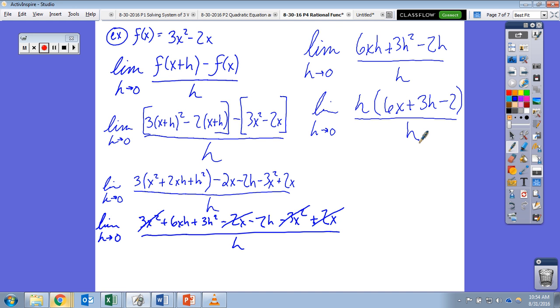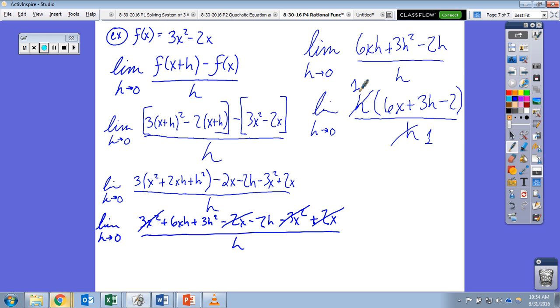This would go to a 1 and a 1, just divided by h. They cancel. This is that concept of the removable discontinuity. So it's just a hole, right? Now I can actually just plug in 0 for h, which would give me the value of the limit, right?